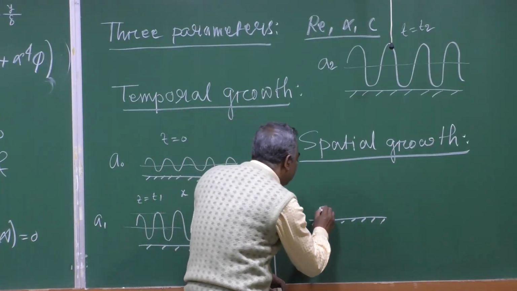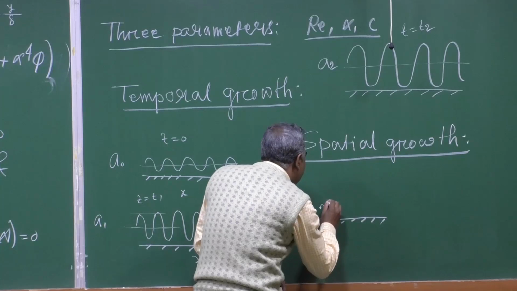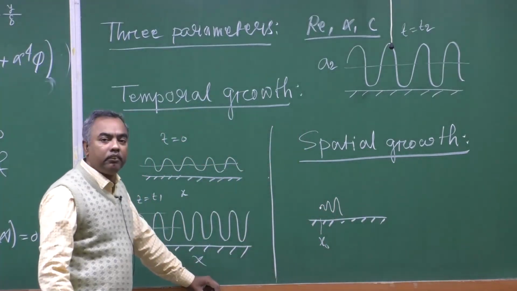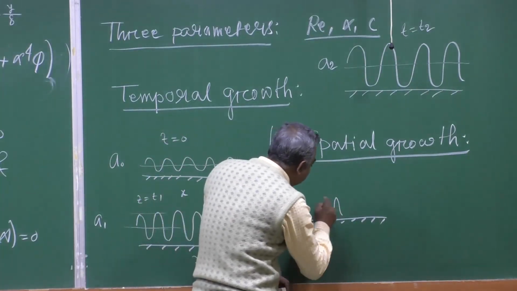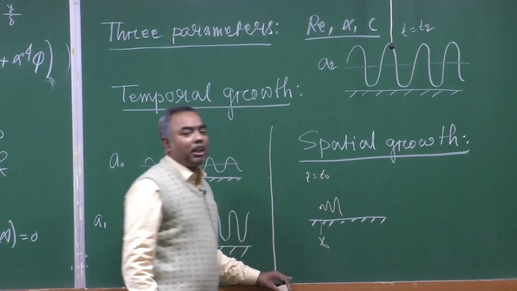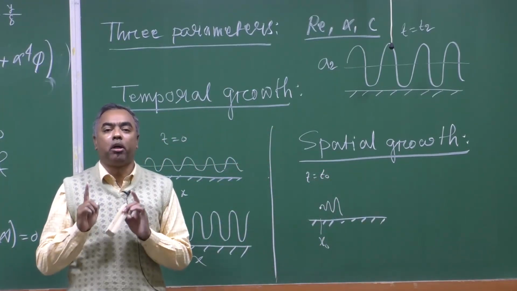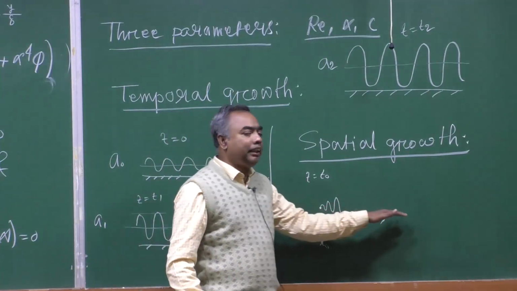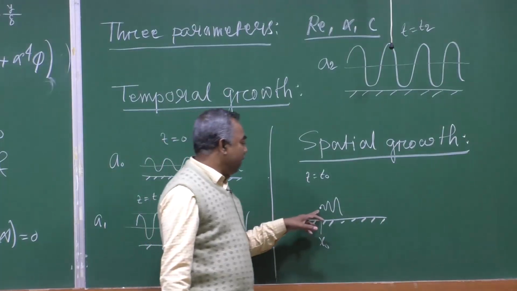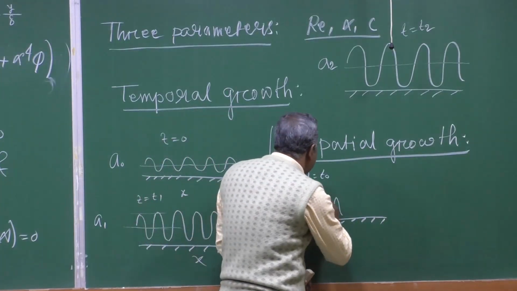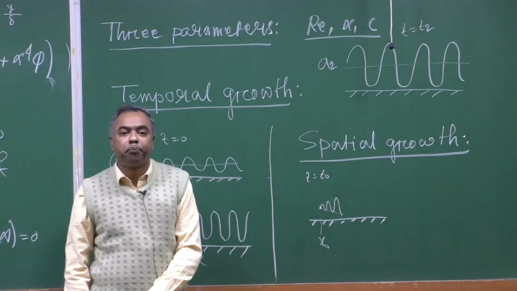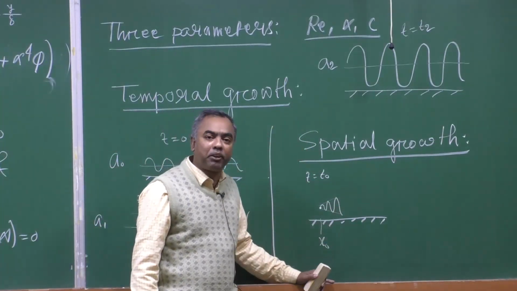So, at x is equal to x naught, one disturbance is starting and is seen to be like this. Okay. So, you see in this particular case, this is at t is equal to t naught. You have just taken a snapshot of the wave at t is equal to t naught over all this spatial distance, and you could see this particular wave, and from this it is clear, see the amplitude is increasing with respect to space. You see, as you are going downstream, your amplitude is also increasing with respect to space.